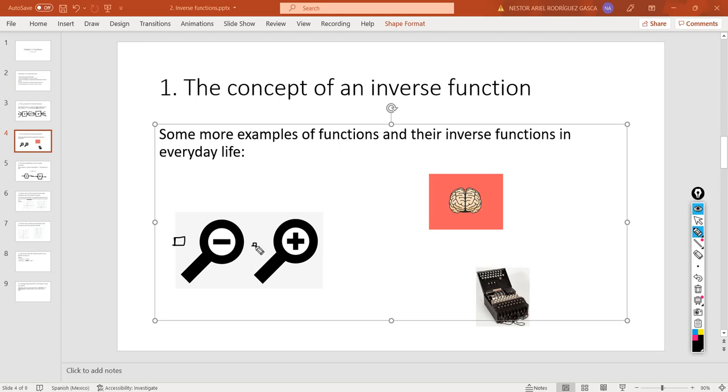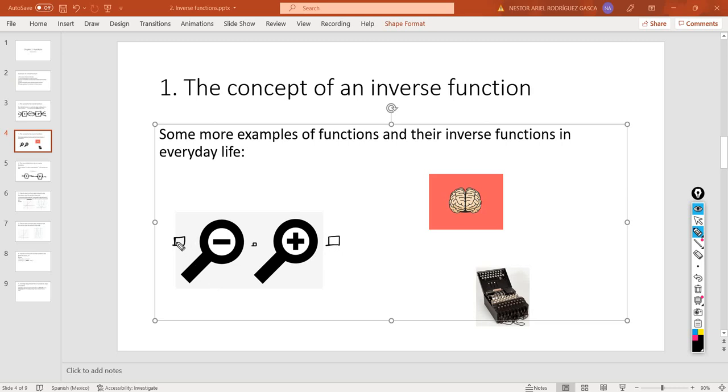Then if you take this output and apply the inverse function of the zoom out, which would be the zoom in, then, if you apply it carefully, it will give you the same as before, or at least it has the possibility of giving you the original shape.